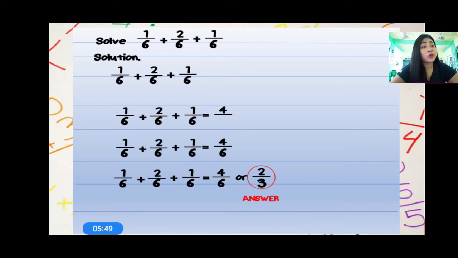And then, you're just going to copy the denominator, which is 6. So, the answer is 4/6. Can we convert it to lowest term? Yes, because 4 and 6 can be divided by 2. So, 2 over 2. 4 divided by 2 is 2. 6 divided by 2 is 3. So, the lowest term, or the final answer, is 2/3.